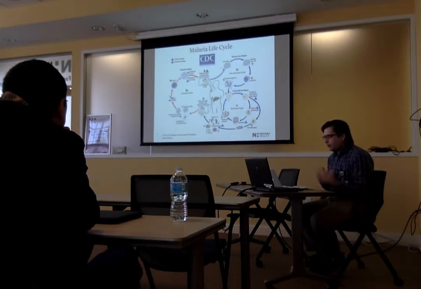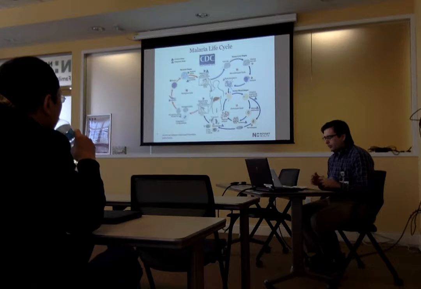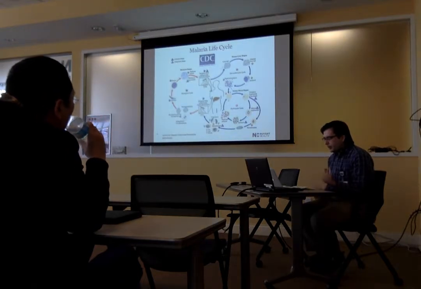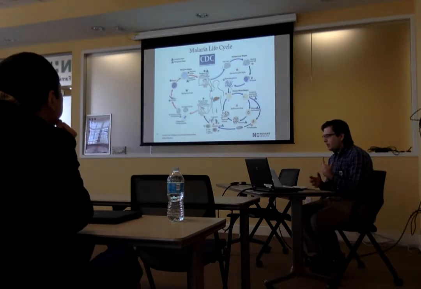This is a really important part of the life cycle, which is where a lot of drugs actually work. This asexual replication typically consists of 3 to 5 rounds, depending on species. This is followed by a budding process where the erythrocyte ruptures and releases the merozoites, which is another form.